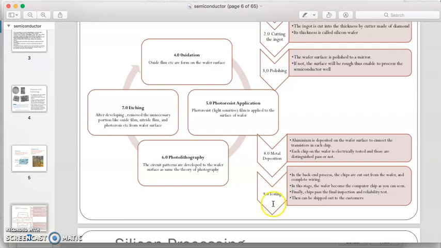The next step is packaging. Usually they use ceramic material to package the IC, because ceramic is very good as an insulator, and it can protect the circuit from exposure to high temperature applications.